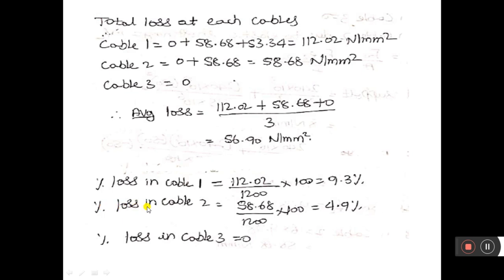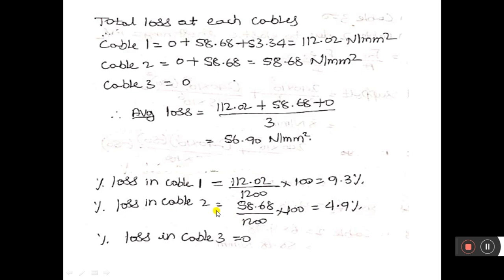Similarly, percentage loss in cable 2 is equal to 58.68, the total loss in cable 2, divided by the initial prestress. The initial prestress is given in the question, it is 1200. This into 100 gives 4.9%.